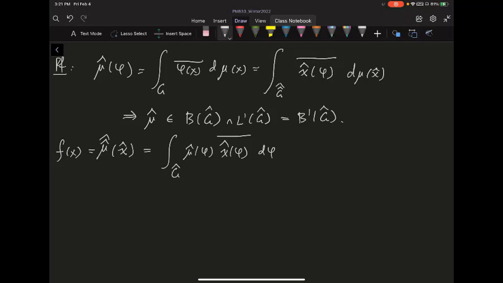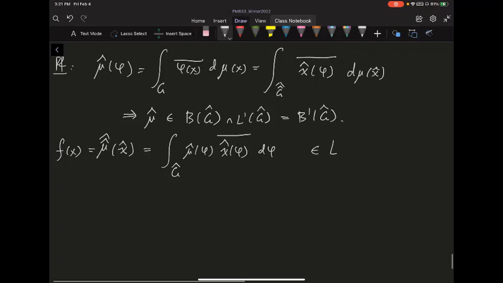Okay, so this is an integral over G hat. And the usual Fourier inversion theorem tells you that, because mu hat is in B1, this mu hat hat is going to be inside L1 of G hat hat, which is the same as L1 of G. Okay, so I get another L1 function.